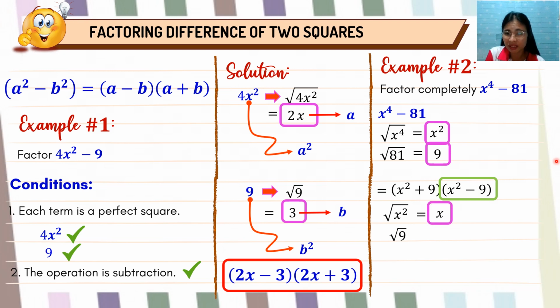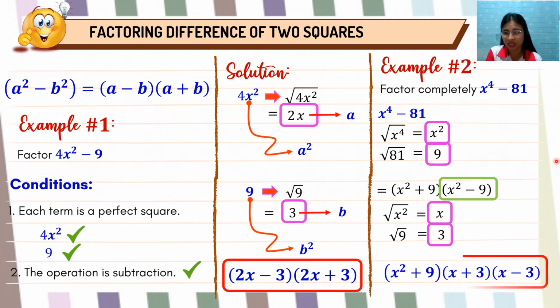The square root of x squared is x, and the square root of 9 is 3, which means the complete factorization is x squared plus 9 times the quantity x plus 3 times the quantity x minus 3. Now, x squared plus 9, though they are perfect squares, the operation involved is addition, meaning it cannot be factored out.